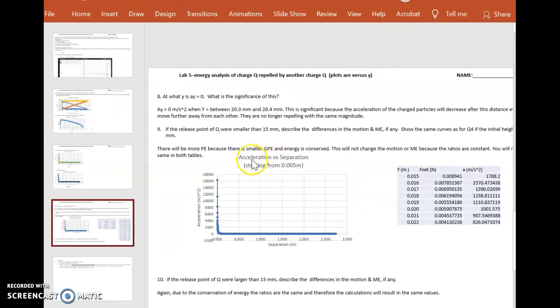Even if you start off with the two charged particles being closer together, it's interesting that you'll start off with a higher potential energy, but because energy is conserved and your gravitational potential energy is lower, ultimately it will shake out to be the same speed and motion as it moves through space.